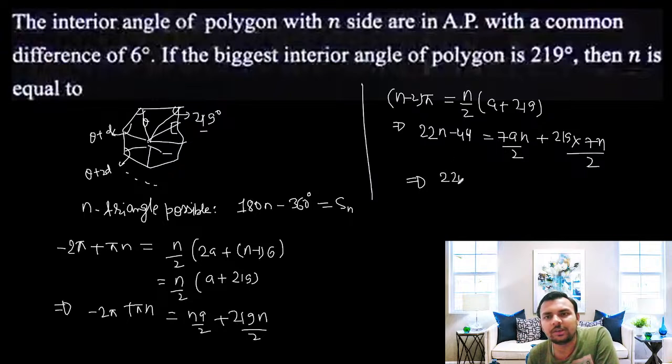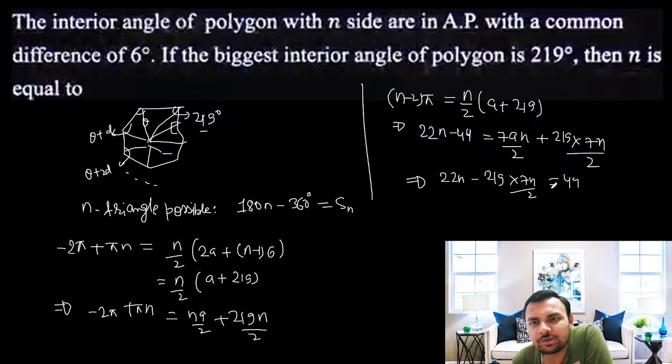So 22n minus 219 into 7n by 2 equals 44. So n should be coming out to be an integer, but it is not coming integer. It is coming some fraction, and it is coming negative also. So we should keep on reducing the value of n.